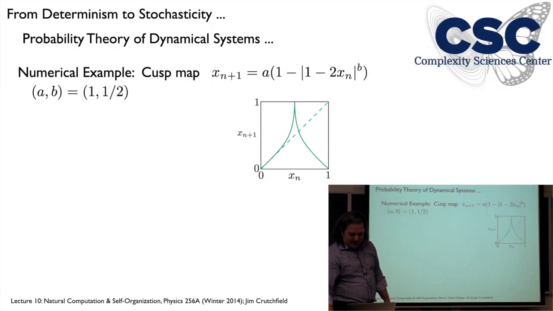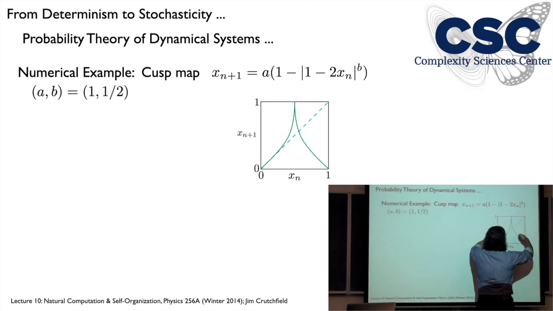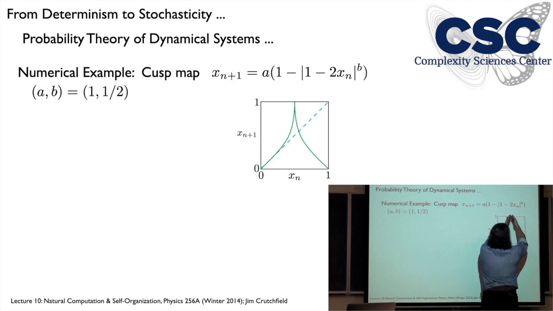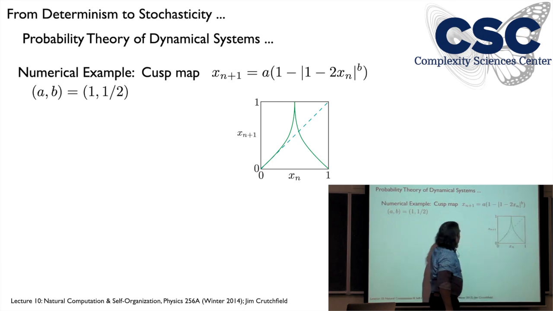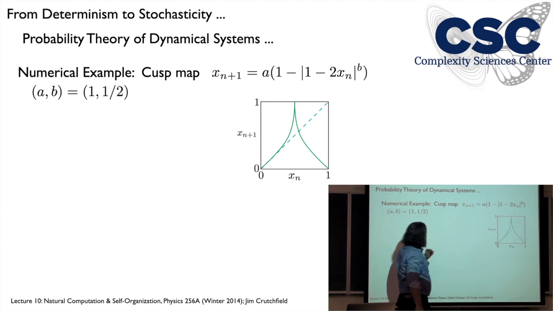But the real test will be the cusp map. You remember the Lorenz Z max return map? Our model of that was this map. It had two monotonic pieces to it, but then the slope went to infinity at a half. And here's a functional approximation of that Lorenz found.